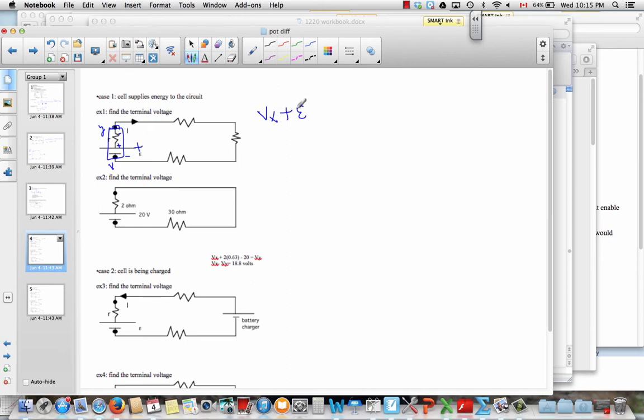There'd be a drop of IR, and then we would arrive at the point Y. So solving for Vy minus Vx, which is the difference between the two ends of the dry cell, you get E, the chemistry voltage, minus IR. This is called the terminal voltage of the dry cell.